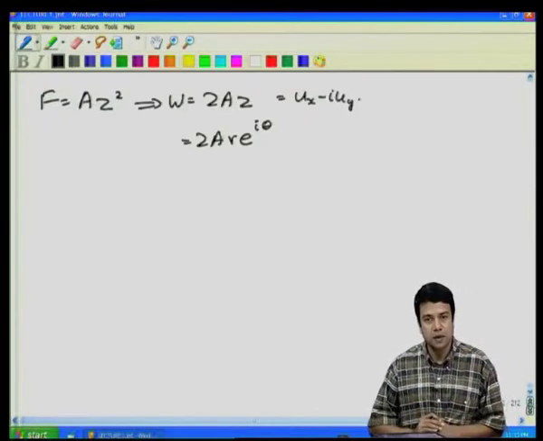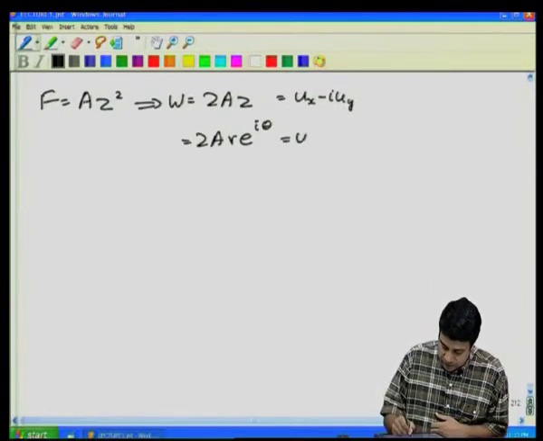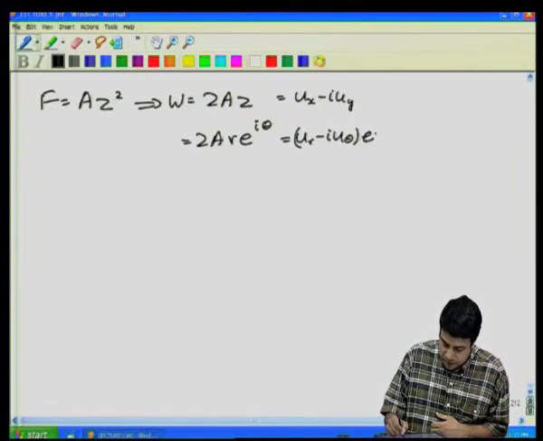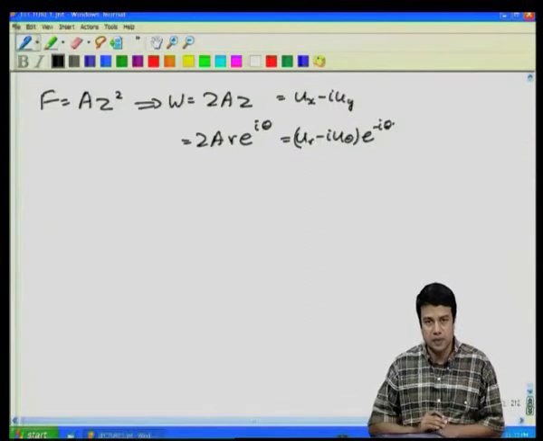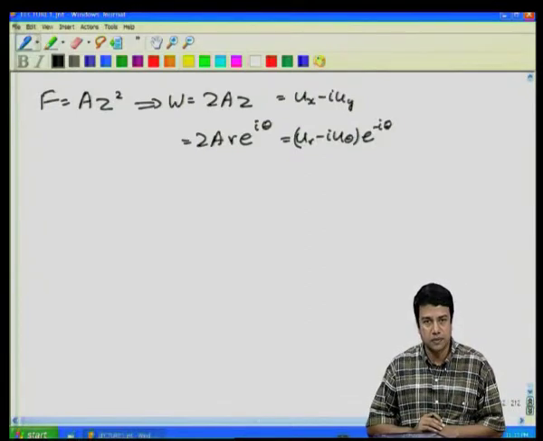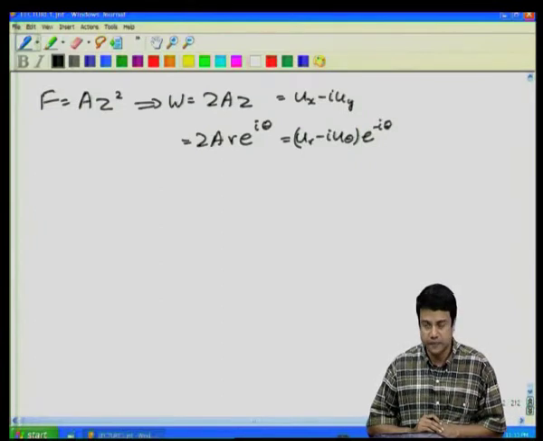But for our physical understanding, it is more convenient to write this in a radial polar coordinate system as (u_r minus i u_theta) e^(minus i theta). So, I will use the expression that w is equal to (u_r minus i u_theta) e^(minus i theta), and then use this in order to find the expression for u_r and u_theta.